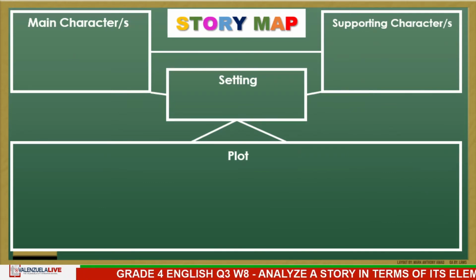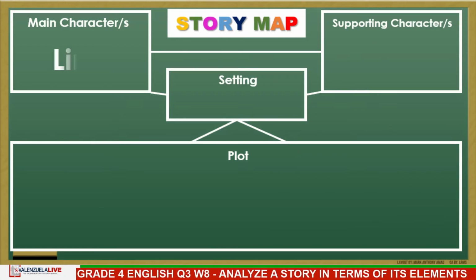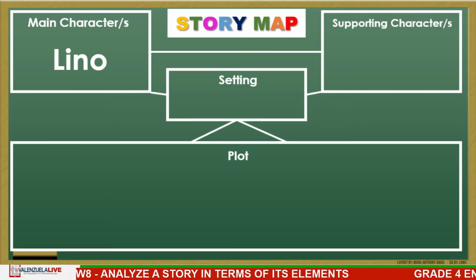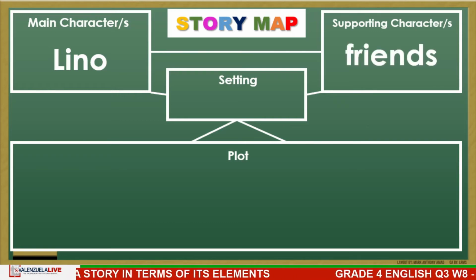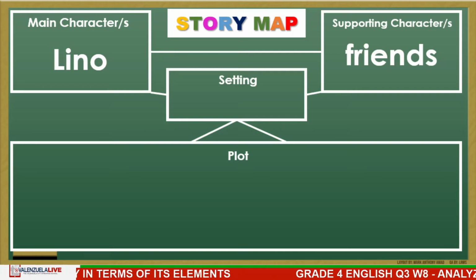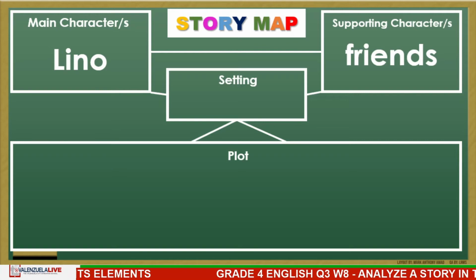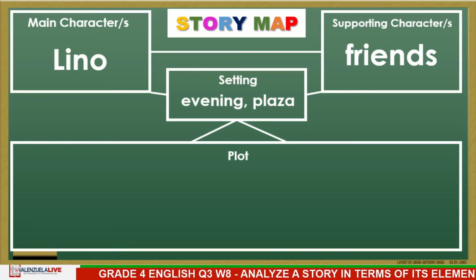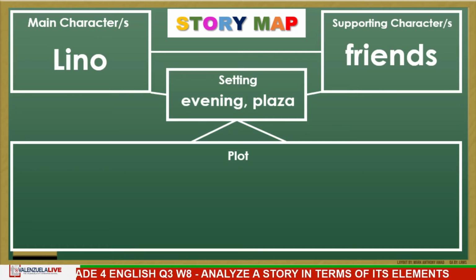The main character in the story is Lino. The supporting characters are Lino's friends, namely Rita, Ben, Juan, and Lucia. The setting of the story is evening at the plaza.